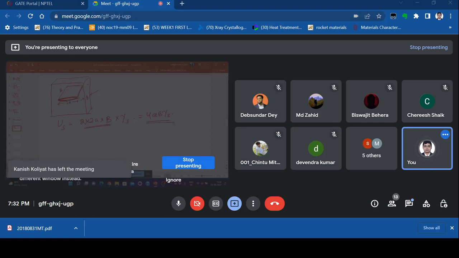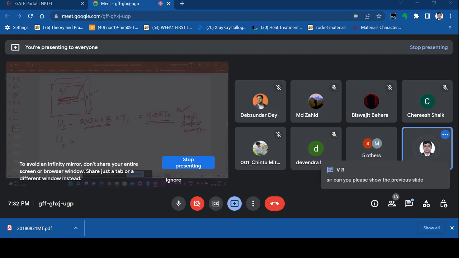So that is why this 4AB gamma S, that is your total surface energy. The strain energy, that one we don't have to derive this, just keep it in mind. So this is not required really.